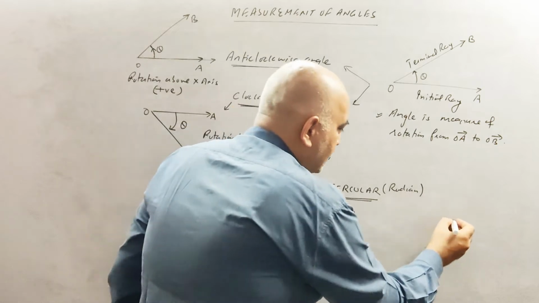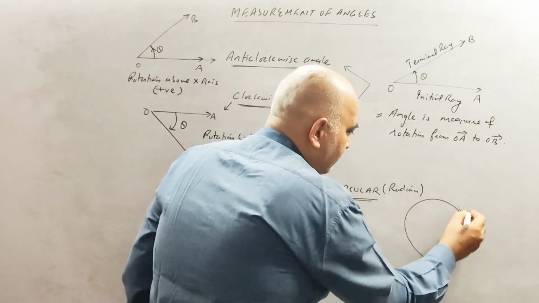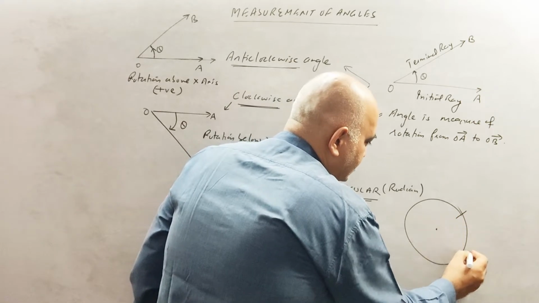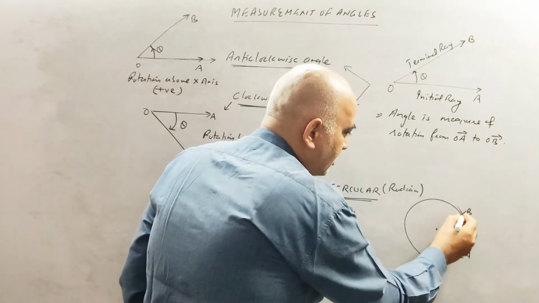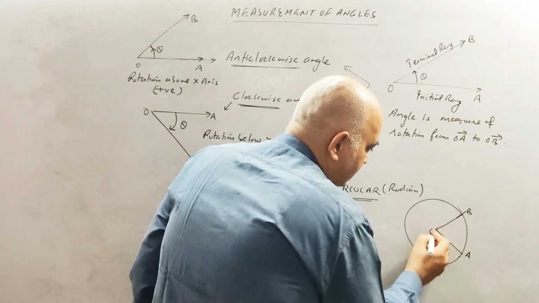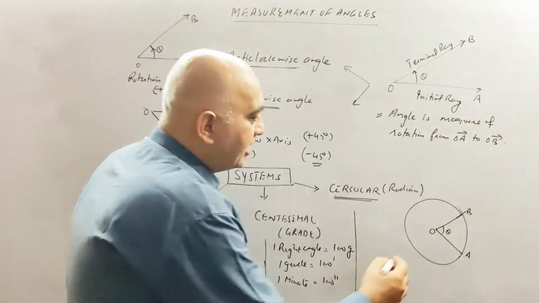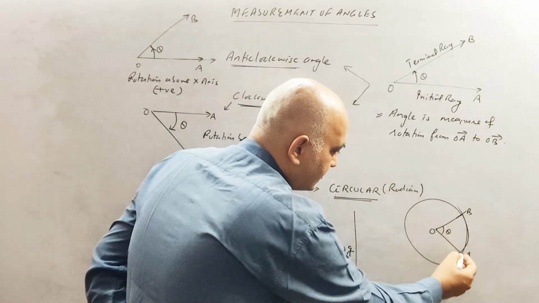What is the radian system? It is basically the circular system. In a circle, when we move from the point A to B, this is the central angle formed at the point O, and AB is an arc, right?